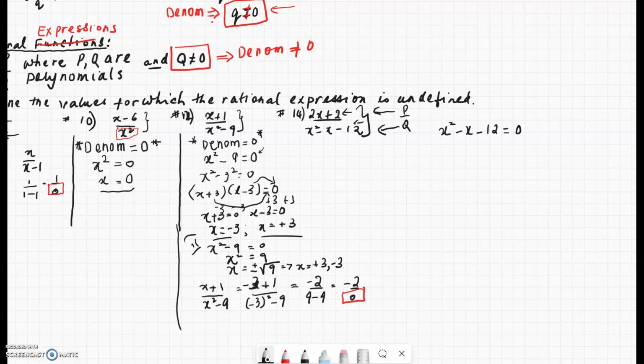And now let's try to solve it. We can factor this expression. So that's a 1 times negative 12, equals negative 12.